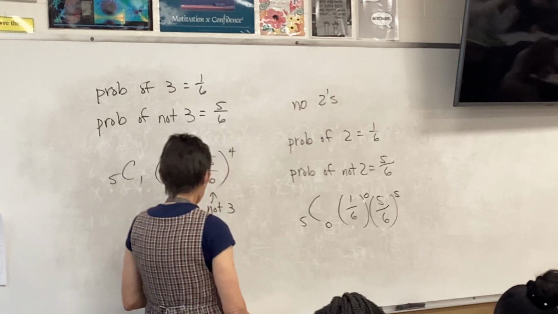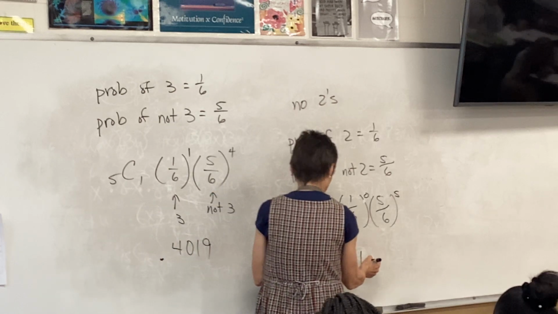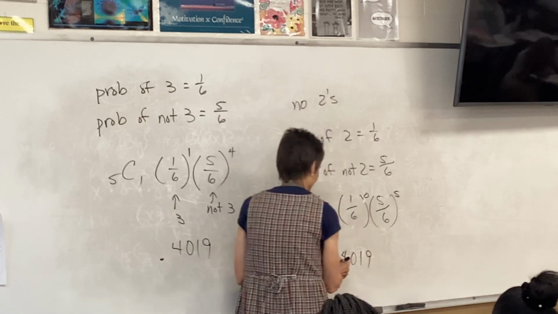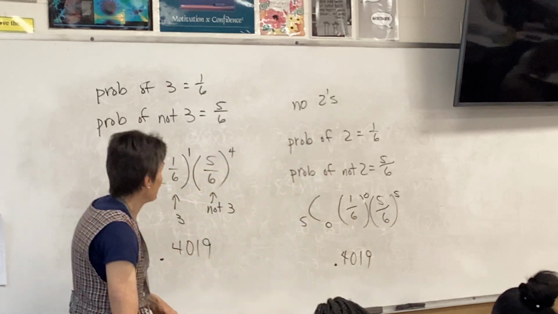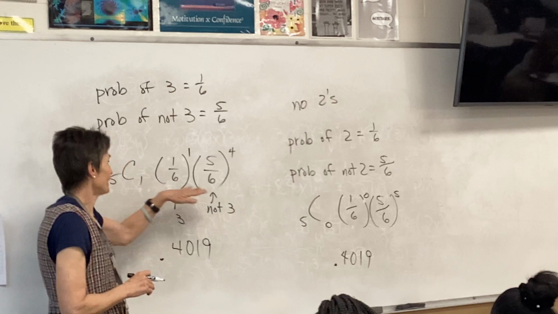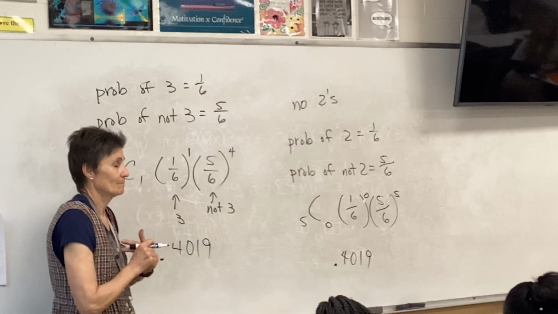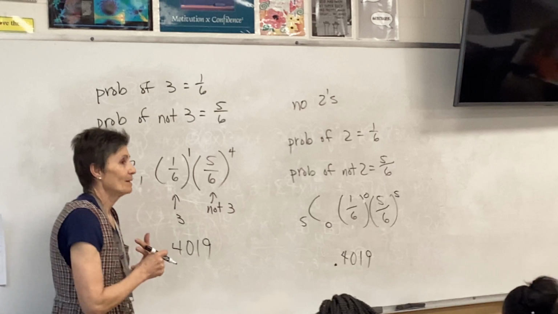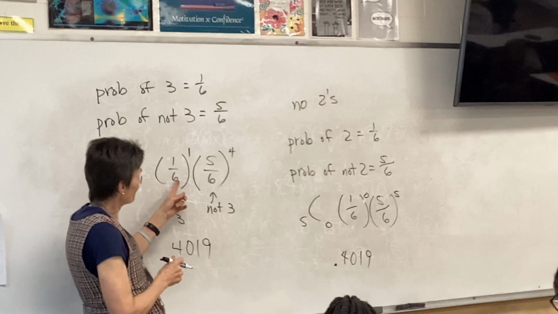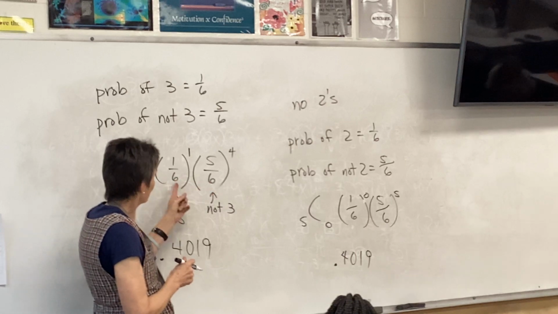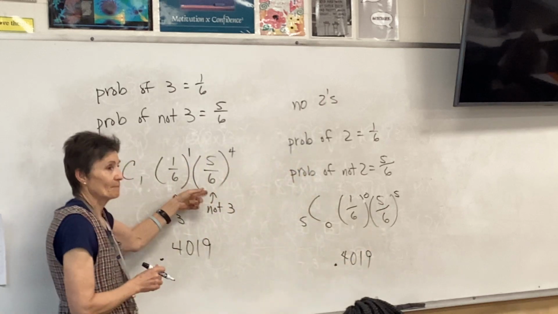Oh my gosh, you get the same thing? That's pretty crazy. Anybody want to explain that maybe by looking at it? Well, in my denominator, both of them are going to have 5 6s.